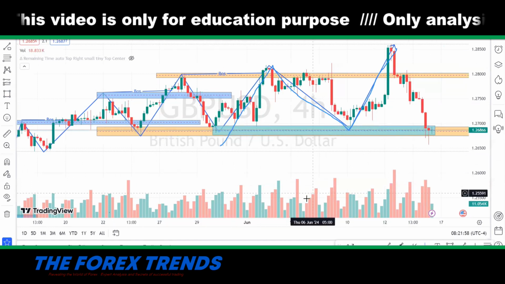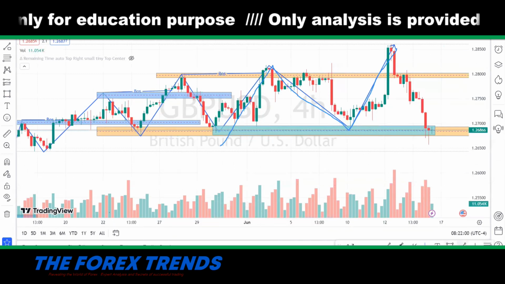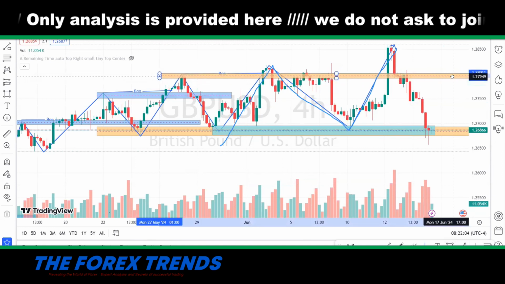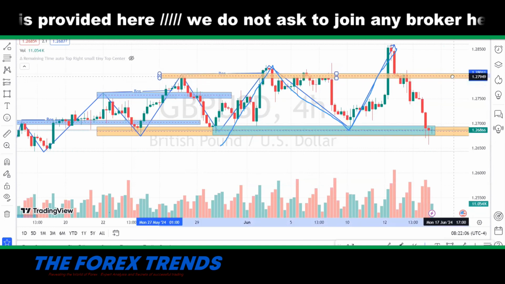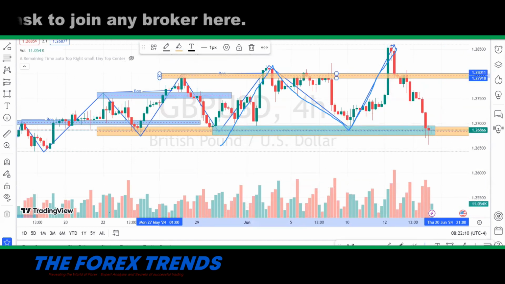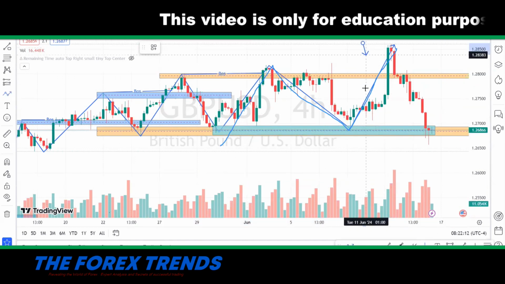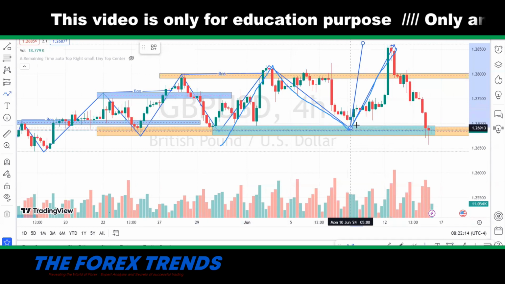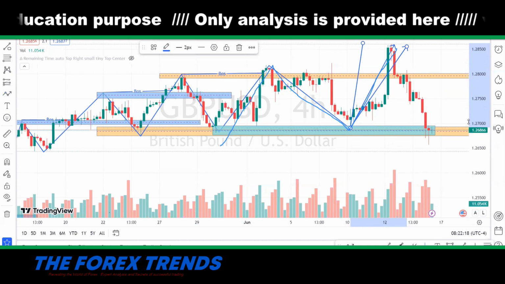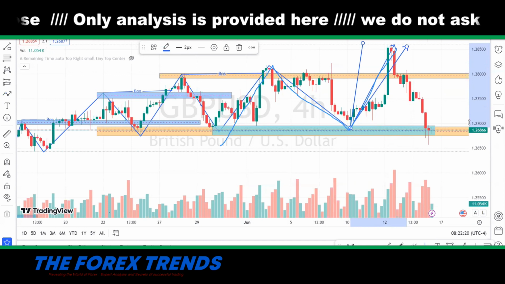Let me delete this. And our second point is this yellow. Look, for this impulse-correction-impulse, the market comes to this point, tests, and then goes up again. So how nicely it works in market structure.